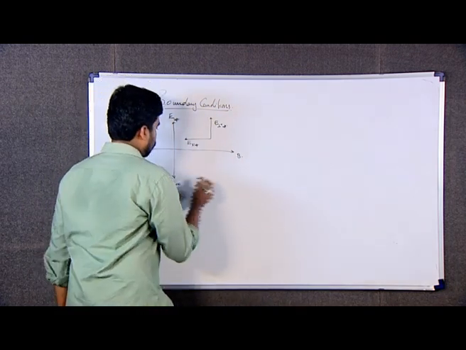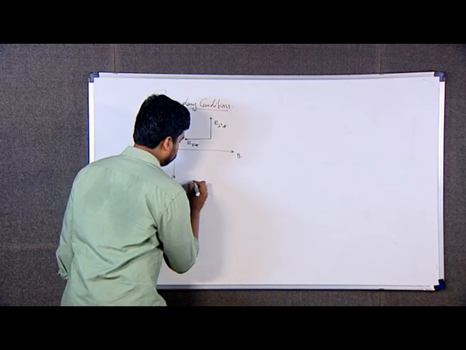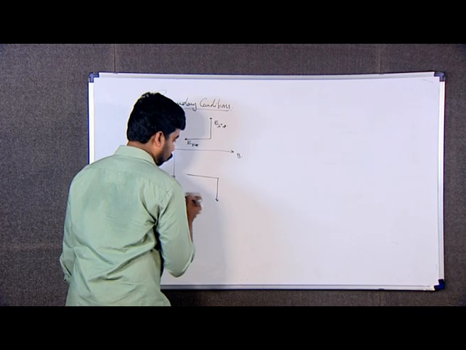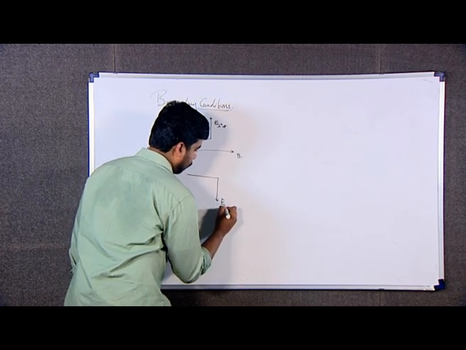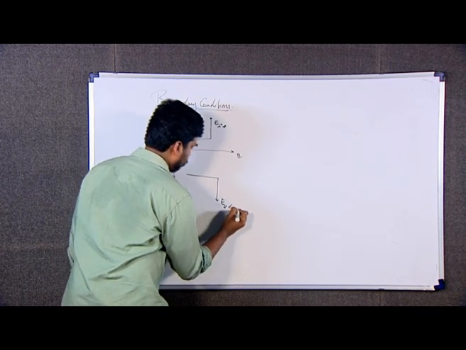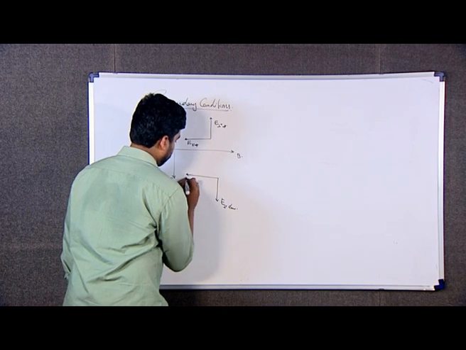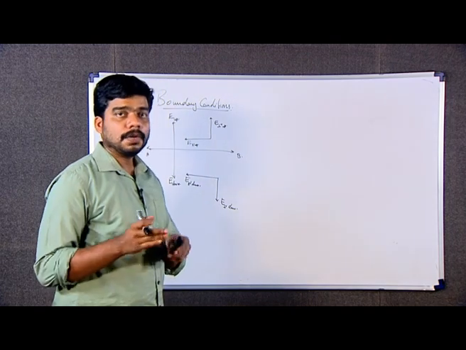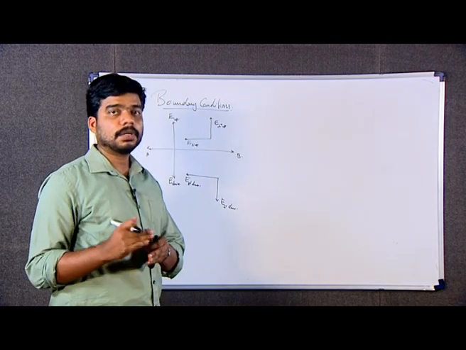Similarly, the lower field you can split into two components: E perpendicular down and E parallel down. How will you choose these parallel or down components?